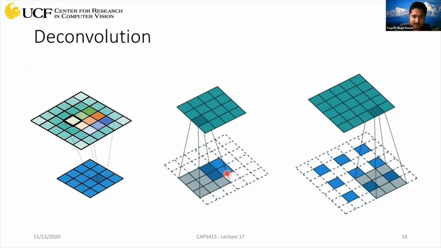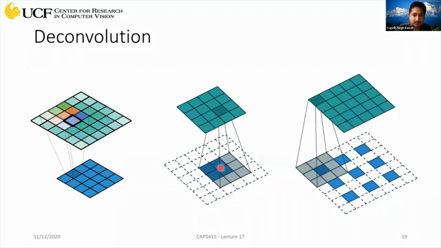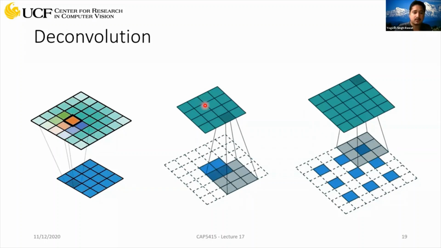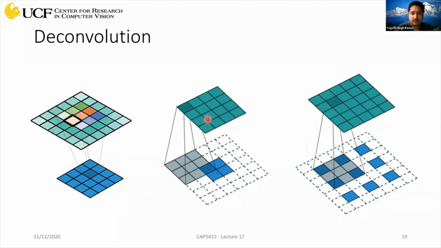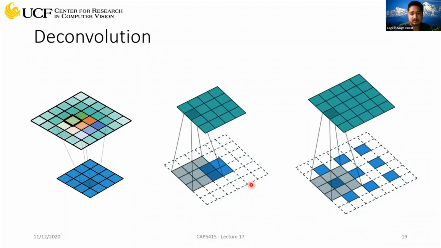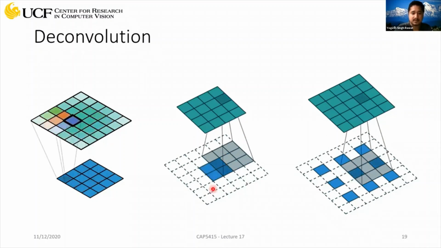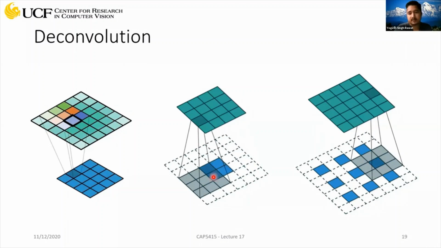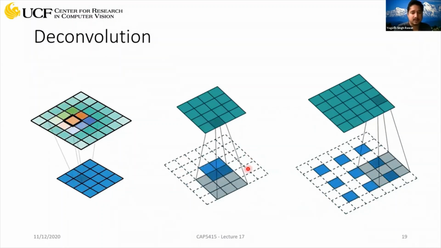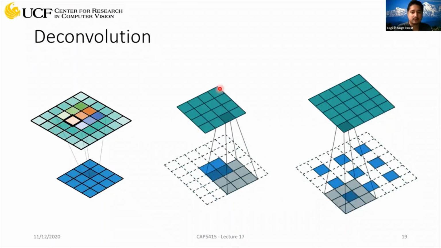In this case, you have a 2x2 input feature map, and you want to move from 2x2 to 4x4. So you perform padding of this input feature map, in this case a padding of 2 on all 4 sides. You take a 3x3 kernel, take your normal convolution, and slide it over, and this gives you a 4x4 feature map.